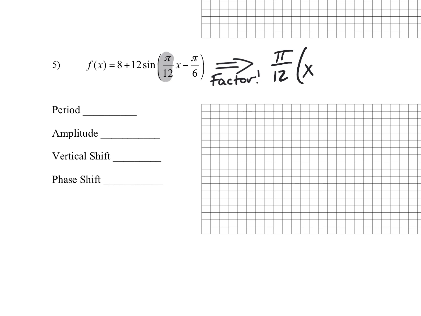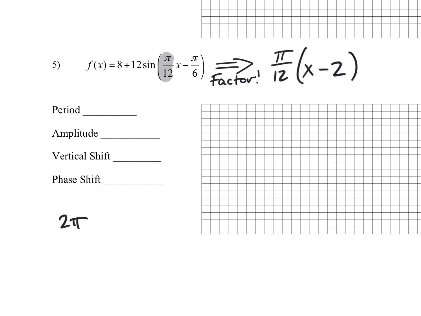If I factor out pi over 12 from pi over 6, I should be left with negative 2. If I were to distribute this back, I would get 2 pi over 12 or pi over 6. So I'm going to use that as my first part here, and from there, I'm going to find my other key values.